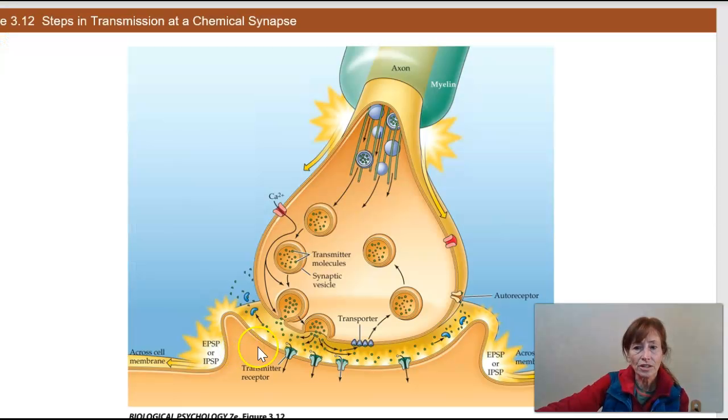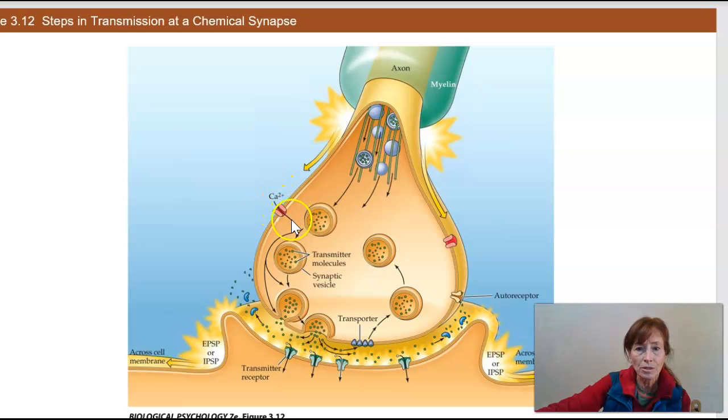So here's a good picture of that, and you can see here's the axon of this presynaptic neuron. You can see the myelin there, and then we have the vesicles that are here already in the terminal, with their neurotransmitter inside. And there's our voltage-gated calcium channel.